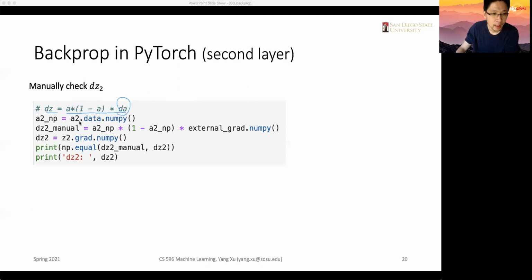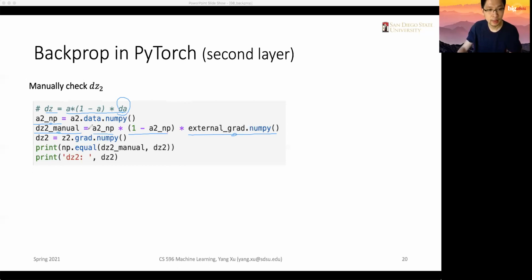We copy the values from those tensors and store them into new variables with np appended to the variable names. This is the dz2 that we compute manually, which is a2 times 1 minus a2 times dA2. These external gradients are the gradients we directly feed to dA.